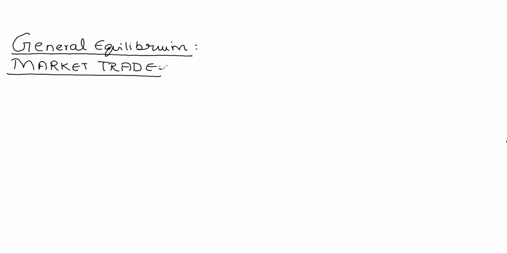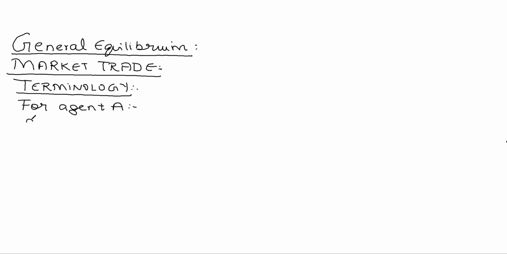Let's first revisit buying and selling. In the buying and selling chapter, which we had done in semester 3 of micro, we had talked about the concept of net demand and gross demand. Let us understand the terminology first. There are two agents, A and B. The gross demand vector for agent A is x1a, x2a.